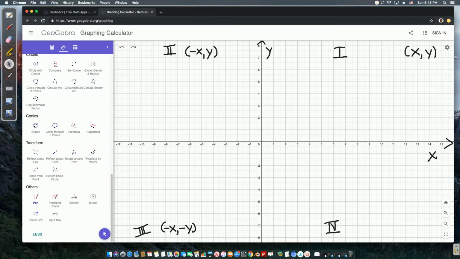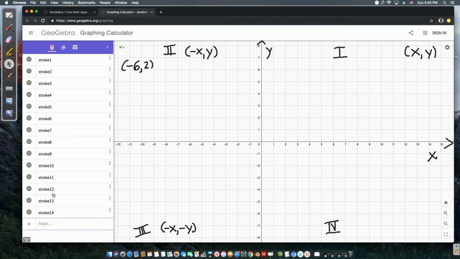Next, let us plot a point in the second quadrant. So for this example, since we used 6, 2, let's just use a very similar coordinate. We're going to use -6 and a y value of 2. So let's go ahead and plot it.